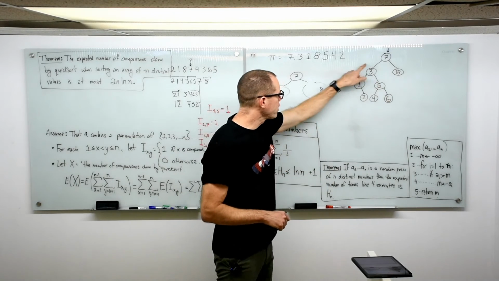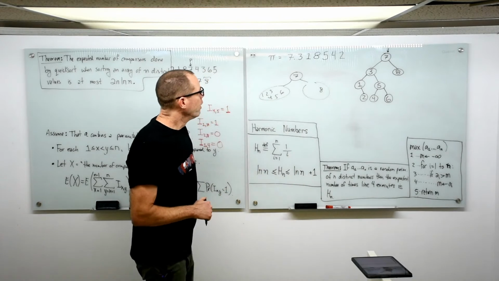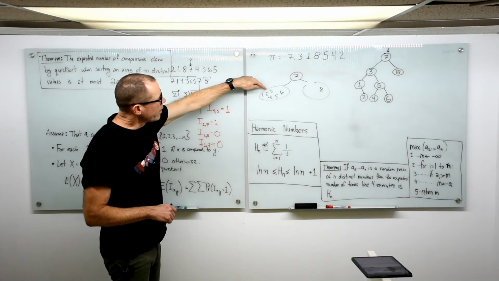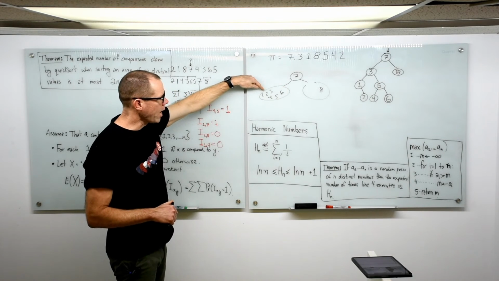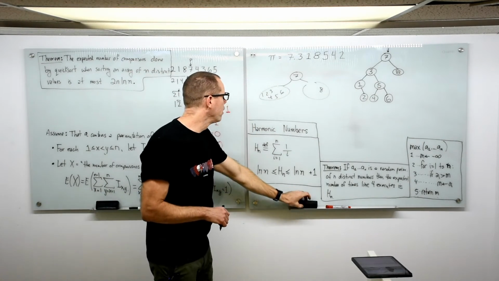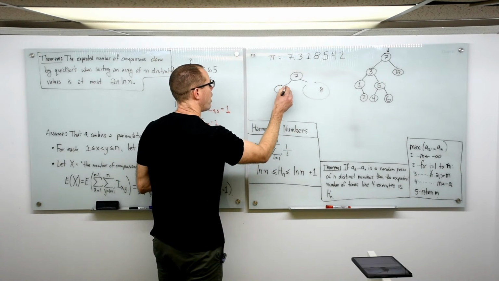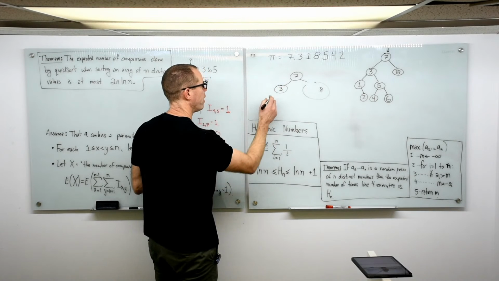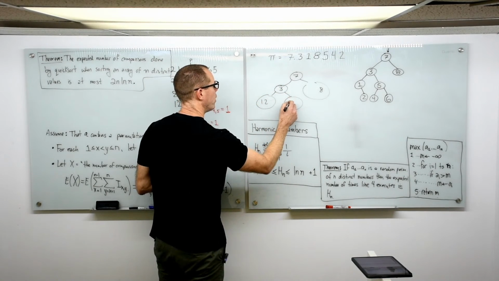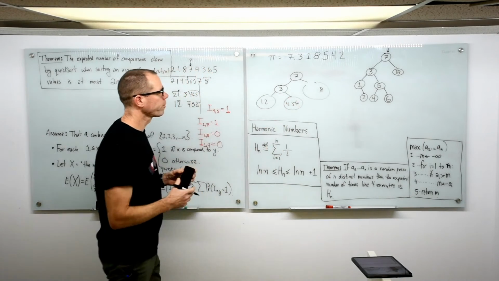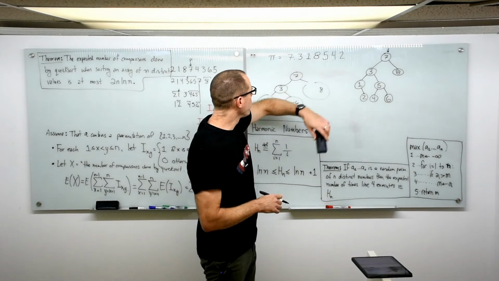And everything else that's smaller than 7 will have to be compared to this thing. In Quicksort, when I recurse on the left, I pick something randomly from this set, and then everything is going to get compared to it. So in Quicksort, I picked a 3 from this set, and then that split things up into 2 bags, 1, 2, and 4, 5, 6. And the same thing is going to happen here, right?